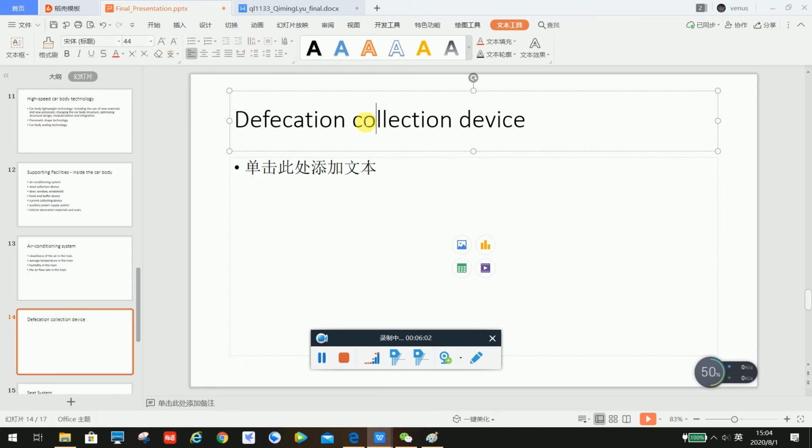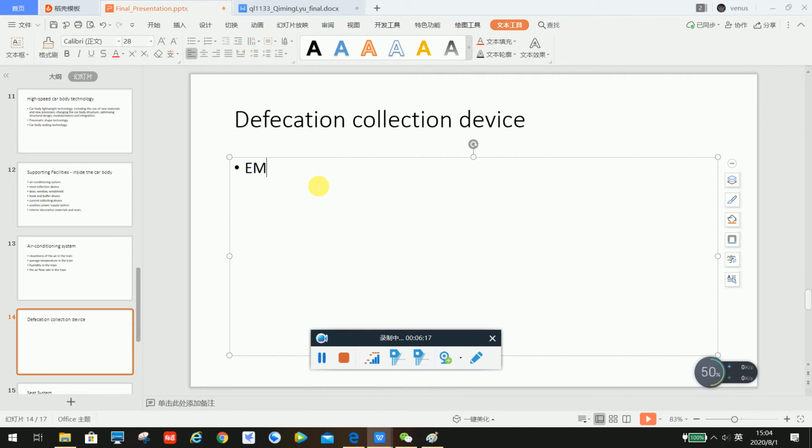And this collection device is also totally different from the old general train. Because the high-speed EMU train is fully enclosed. It's a fully closed system, right? It's not open.